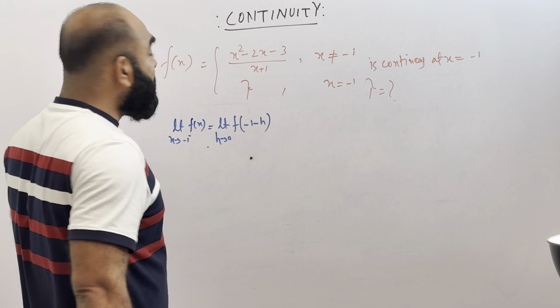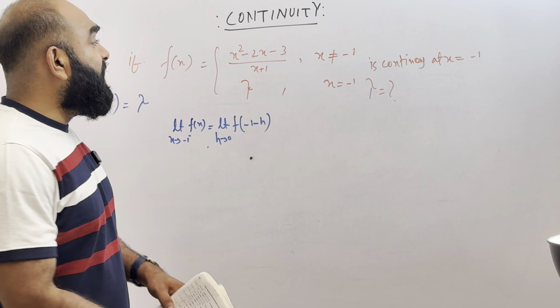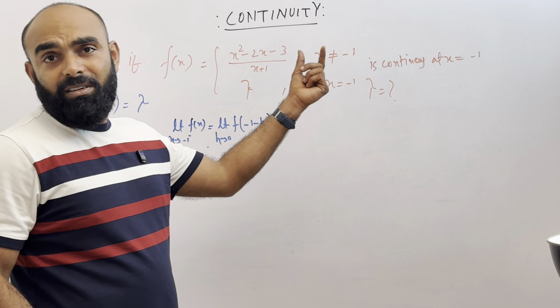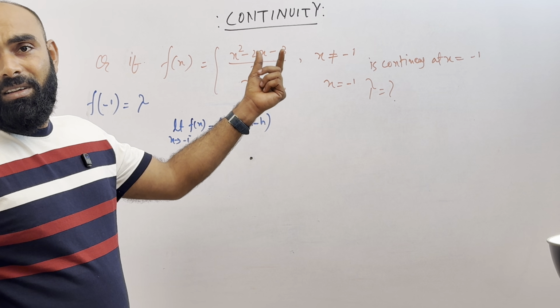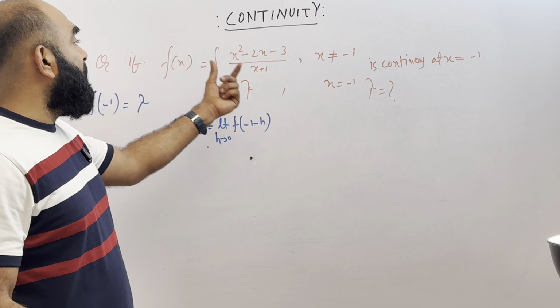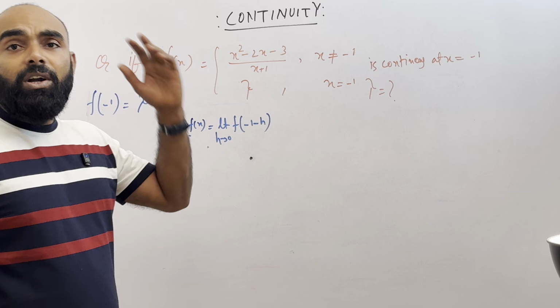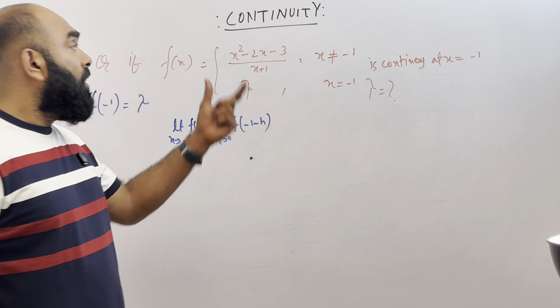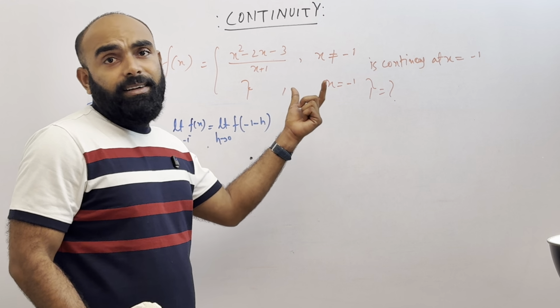This function is valid for x less than minus 1 and greater than minus 1, because they are saying this function is valid when x is not equal to minus 1. Are you getting my point? For both, this function is valid.